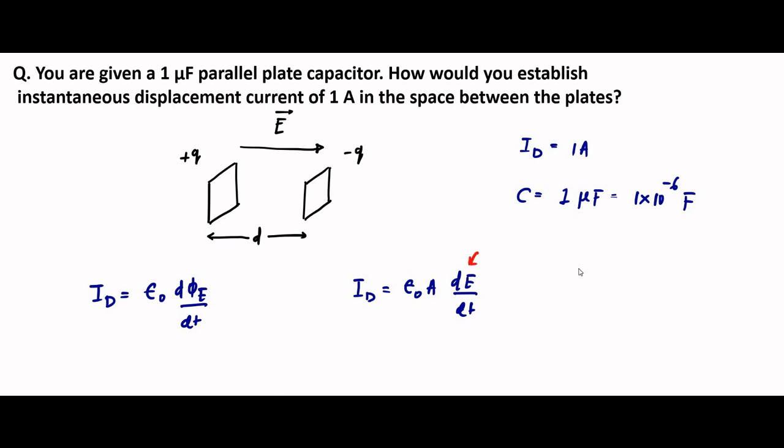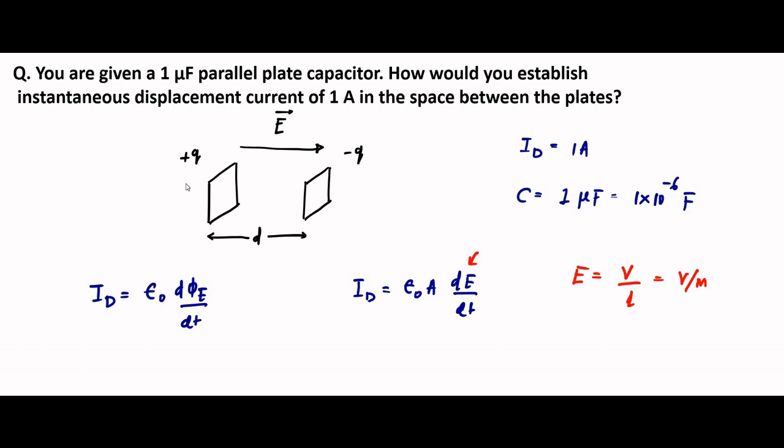Now, we know electric field intensity is voltage per unit length, which is why its unit is volt per meter. Here the electric field acts between the two plates of the parallel plate capacitor, which are separated by a gap of, let's say, d meters.